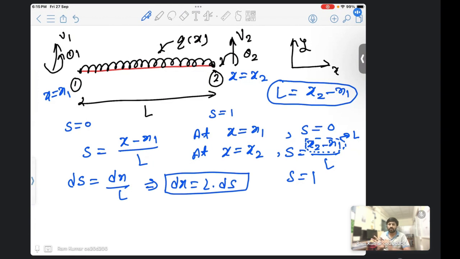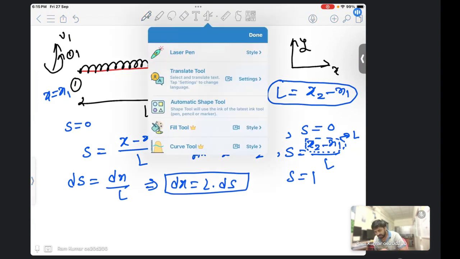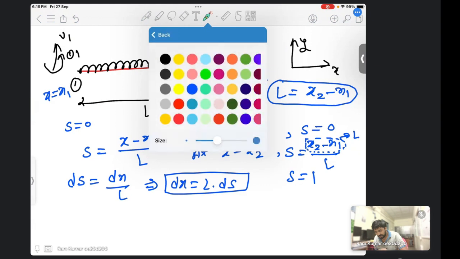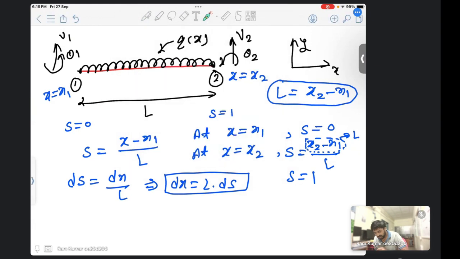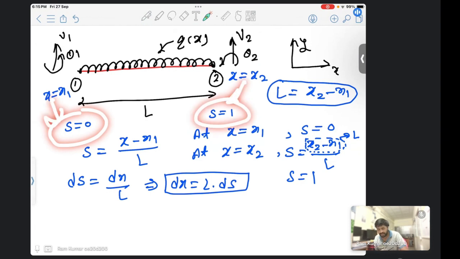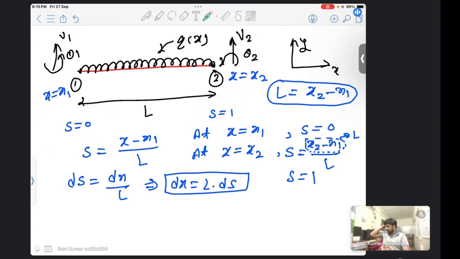So I just converted x from x1 to x2 into s from 0 to 1. This is not an issue, I am just converting.